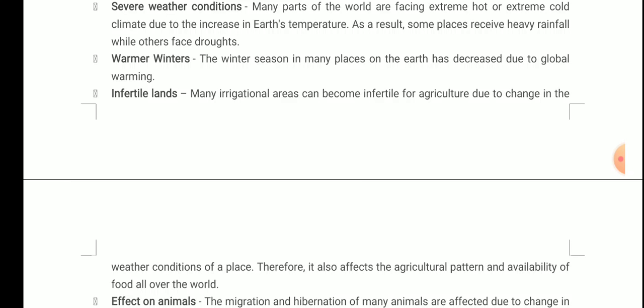Therefore, it also affects the agricultural pattern and availability of food all over the world. So many irrigational areas become unsuitable for agriculture because of continuously changing weather conditions, and it also affects the pattern and availability of food, or you can say the crops, all over the world.